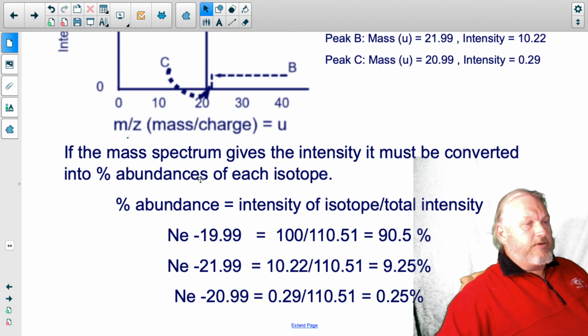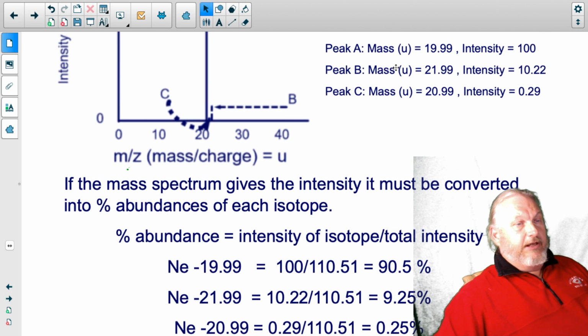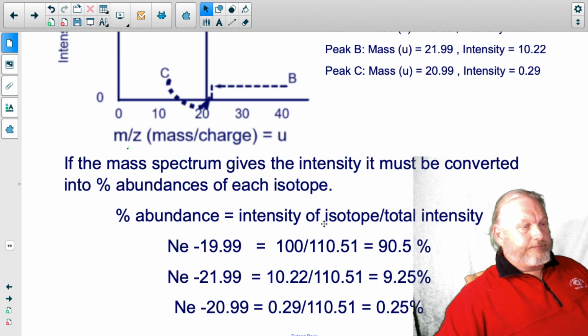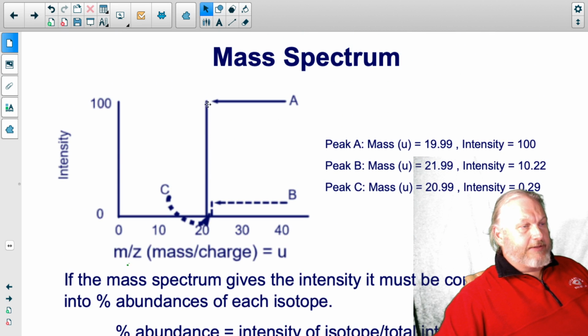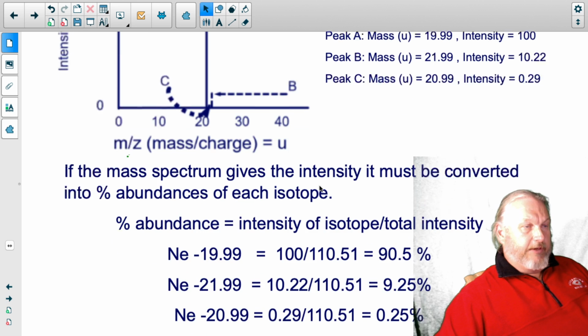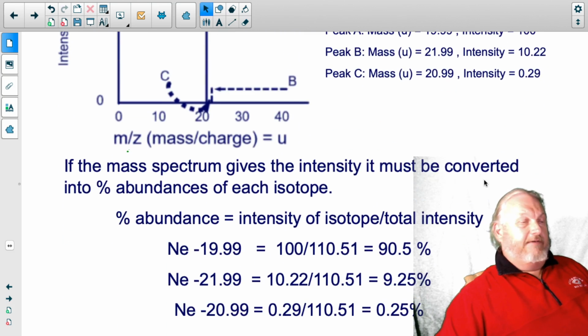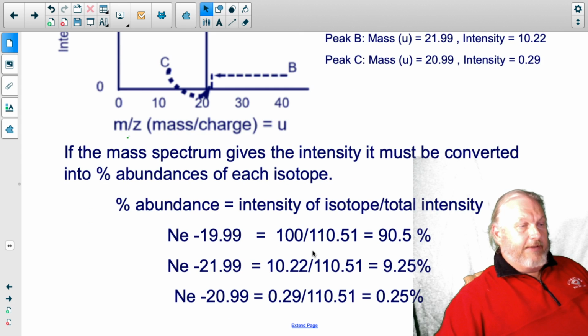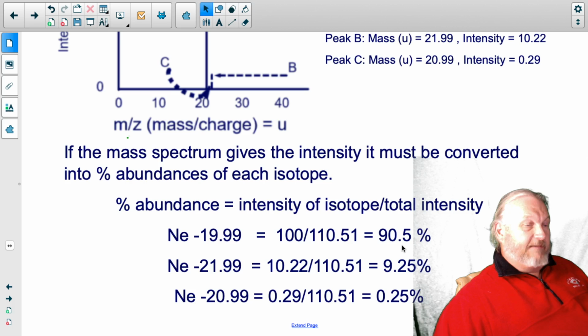Now, to get the percentages, we sum the intensities: 100 plus 10.22 plus 0.29, and we get our total of 110.51. If we divide 100, the intensity of neon 20, by 110.51, we get 90.5%.